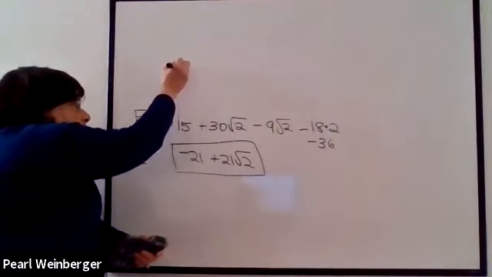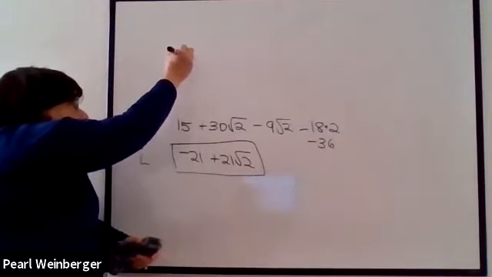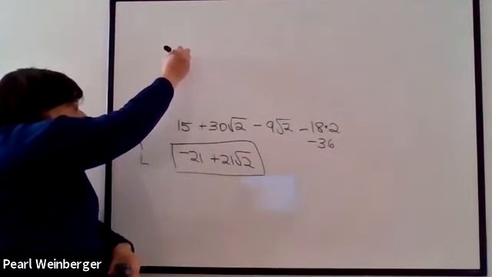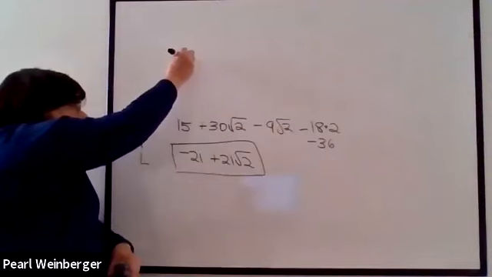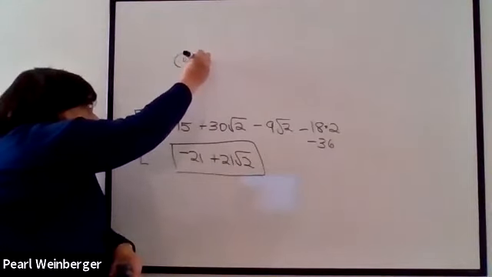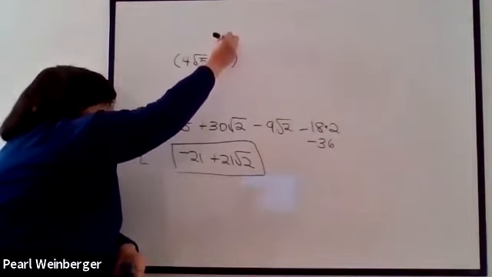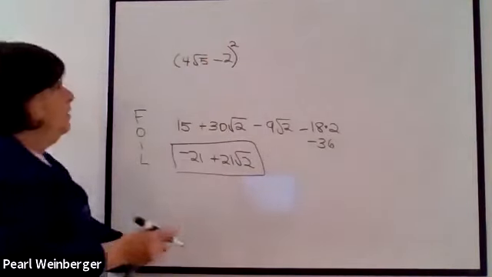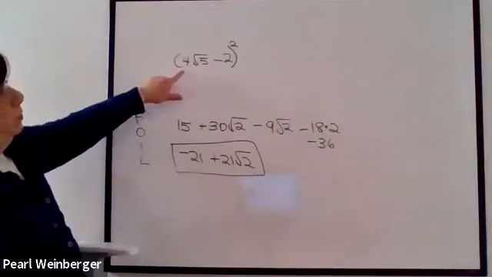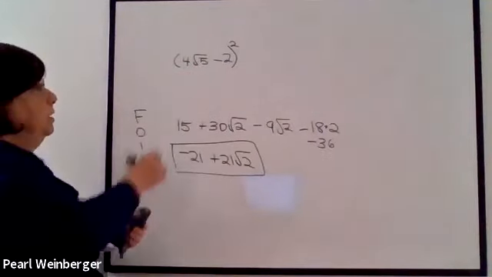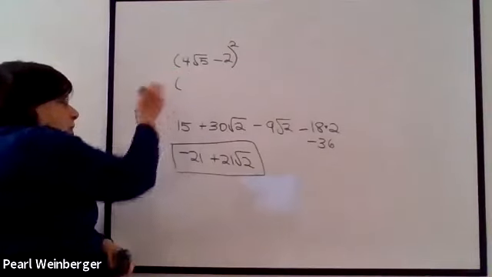Let's say I ask you to do 4 radical 5 minus 2 squared. What if I asked you to square the binomial 4 radical 5 minus 2? Now, I'm just going to give you a hint.